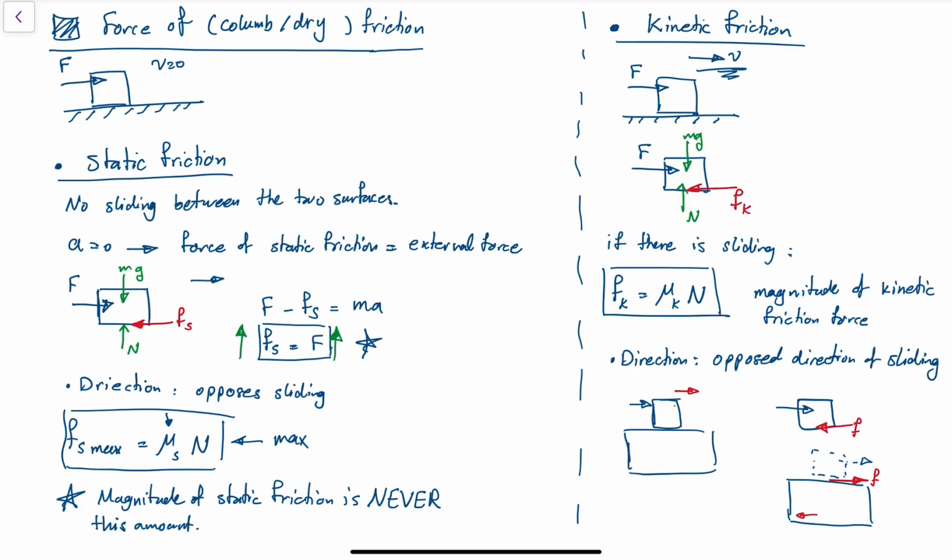It makes sense because, first of all, it is an action and reaction. Force of the table on the box is to the left. Force of the box on the table is to the right. Same magnitude, opposite direction. Also, intuitively, if you have a lot of friction and you start pushing, you may end up pushing the table using that friction force. So the force of friction is in the direction of your pushing on the table.